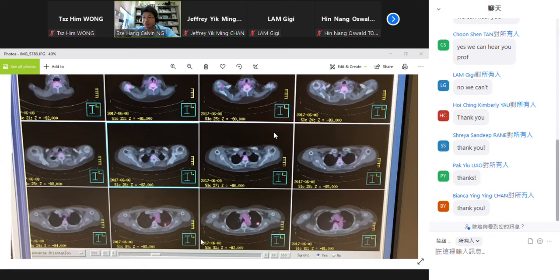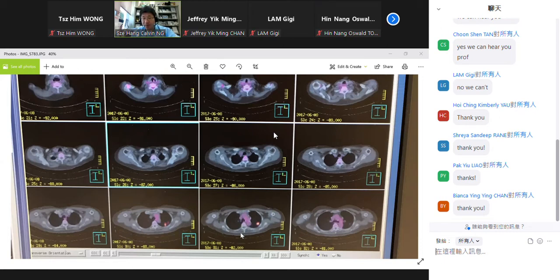So for N3 lymph nodes, of course, we don't do as well because that's even more advanced stage than N2, okay? So EBUS, the complication rate is very low. There are reports that even if you mistakenly stick the needle into the aorta, which is this bit here, and if you realize it and take out the needle very quickly, usually it doesn't cause any major bleeding because the needle is quite thin and the mediastinal structure is quite dense, so you tend not to get a big hematoma.